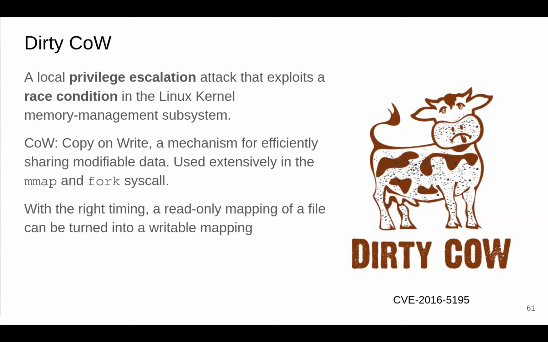As soon as one process writes to it, you need to copy it over and actually allocate a memory page. So the first time a process writes to it, the underlying page is allocated.